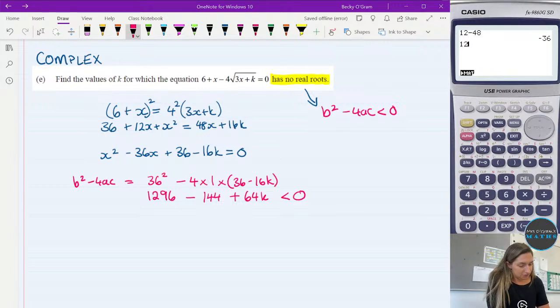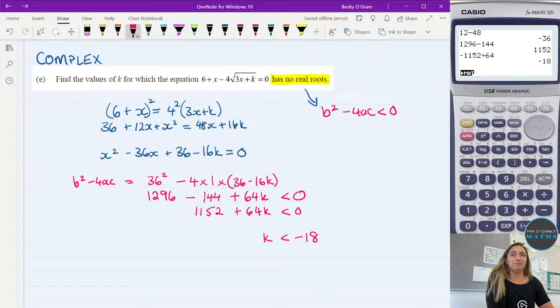Now, 1,296 take off 144 is 1,152 plus 64k, less than 0. So k is going to be, if we take that over to the right-hand side, minus 1152, and then we'll divide it by the 64. So k has to be less than negative 18.